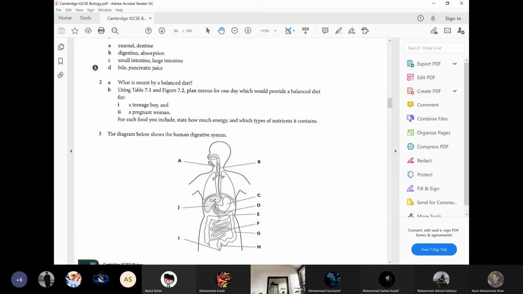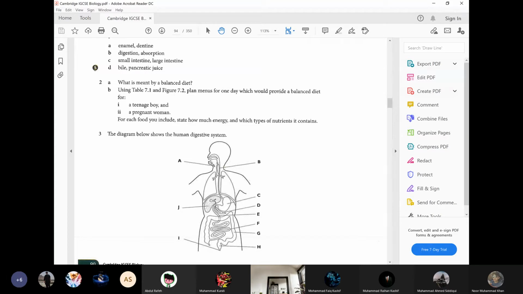It contains 90% water, and the rest 10% contains carbonate and bicarbonate salts and the broken down hemoglobin. Another thing, boys, the color is brownish yellow.